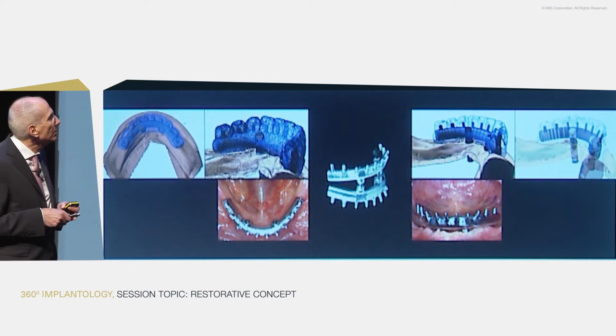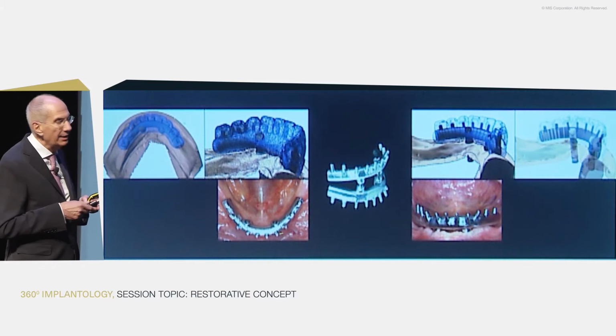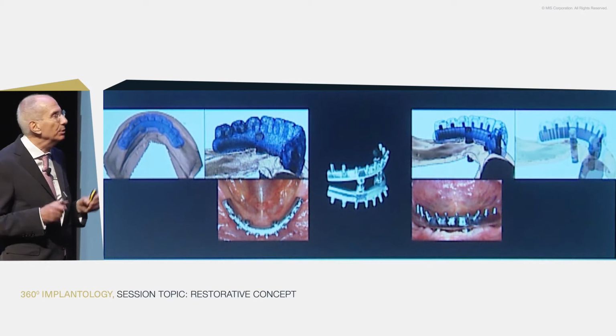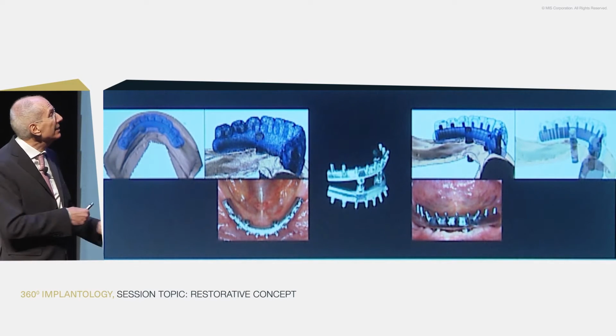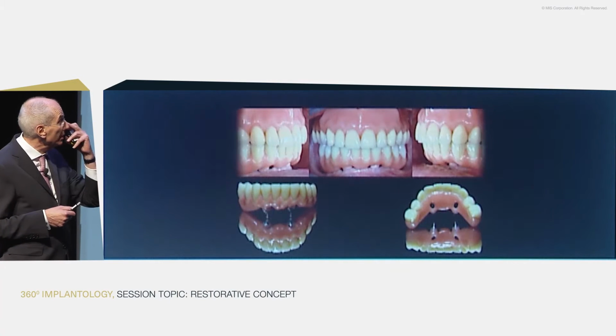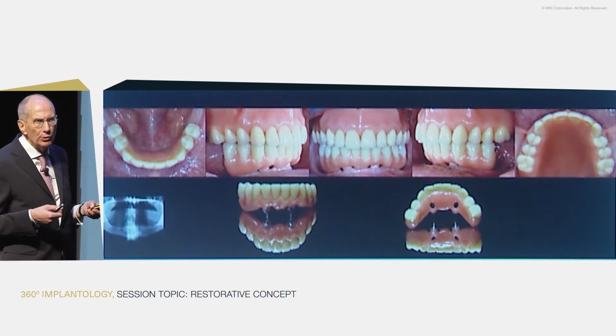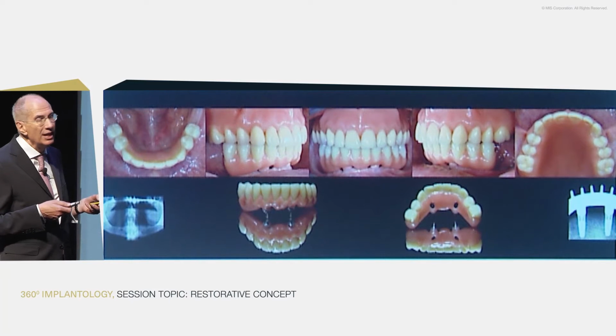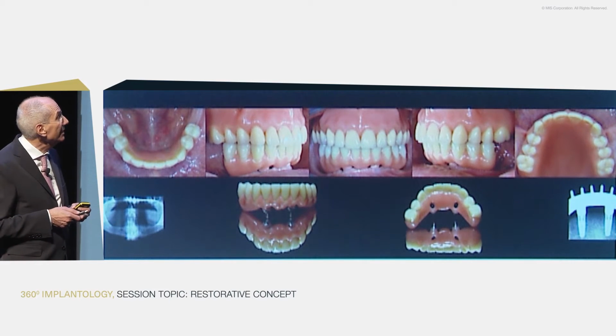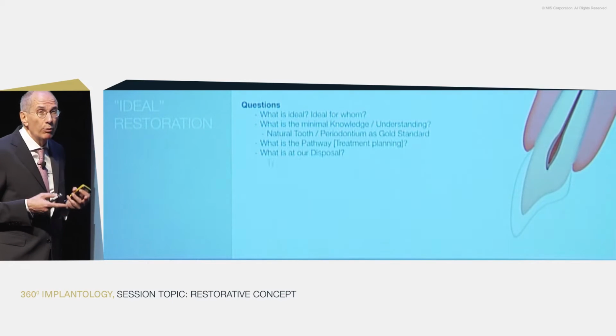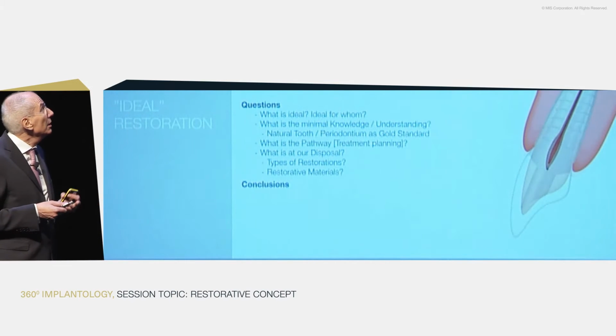And of course, you can mill the bar from titanium, a very stable titanium bar, and then have a fixed restoration. But I remind you again, it's an experimental solution. You can see it here, in cases with a reduced dentition or a premolar dentition.